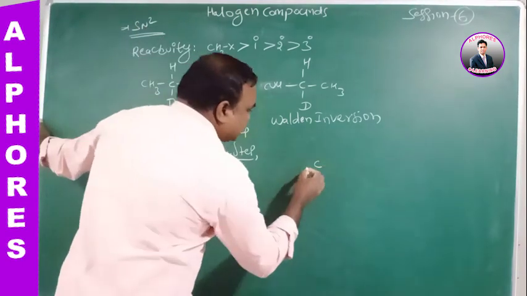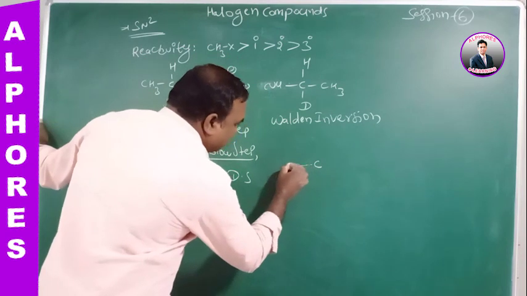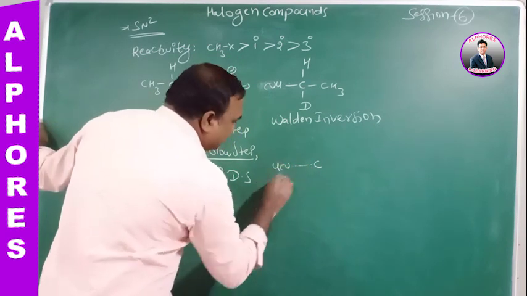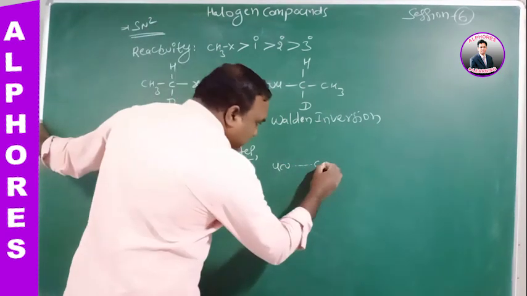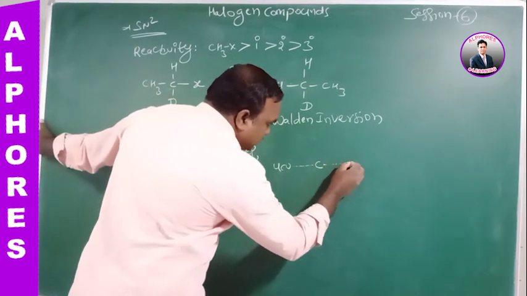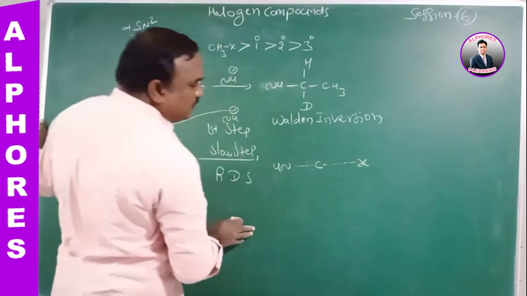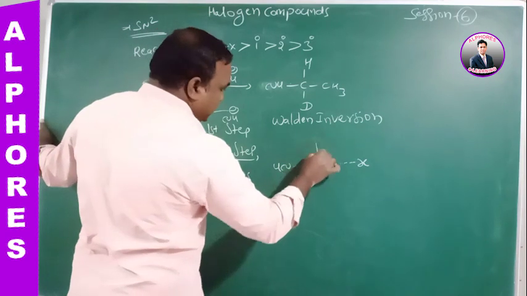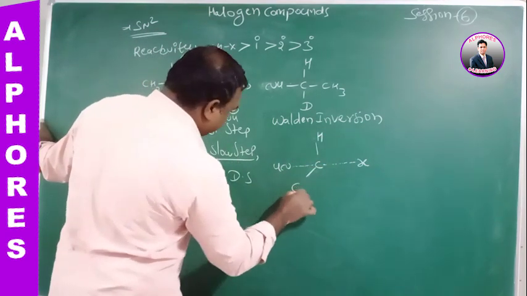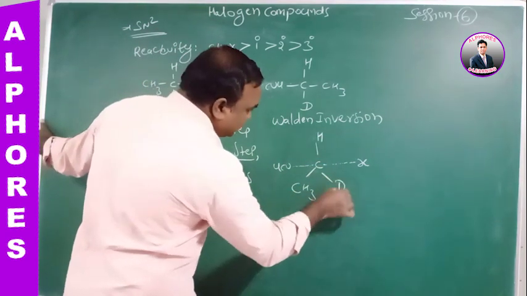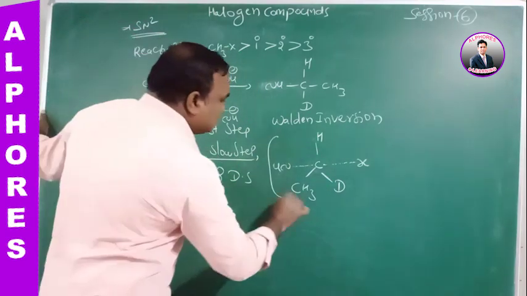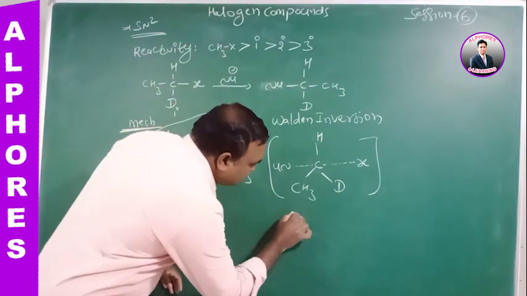So here X, 50% bond formation between incoming nucleophile and carbon, 50% bond cleavage between outgoing nucleophile and carbon. Here hydrogen, here methyl group, again deuterium. This state is generally called the transition state.